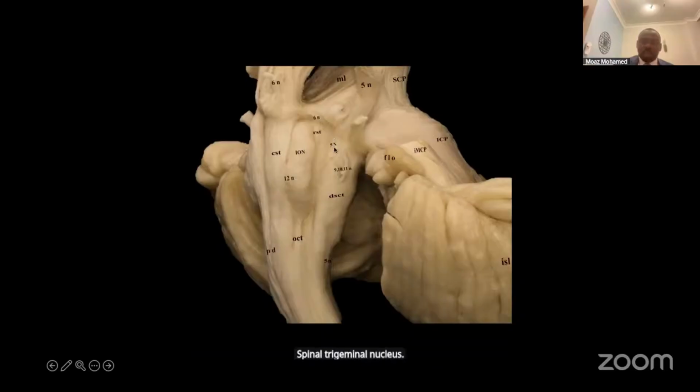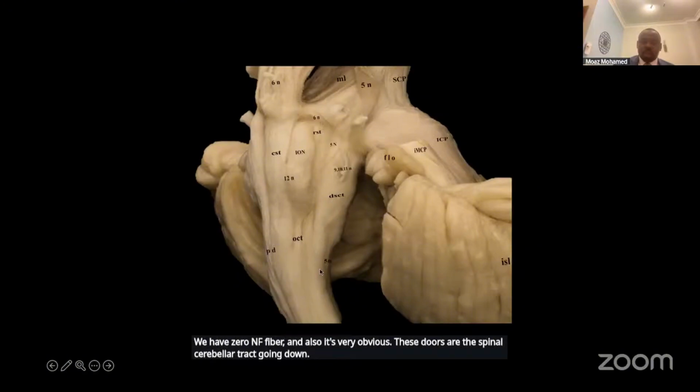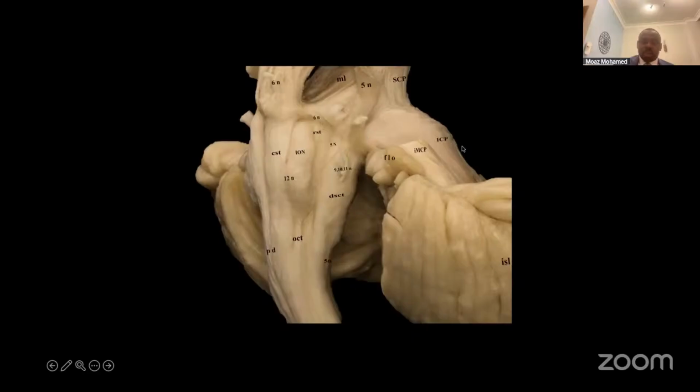It's located here, if we follow it like this. We have the lower cranial nerve fiber, and also it's very obvious the dorsal spinocerebellar tract going down and goes here to the inferior cerebellar peduncle. Fifth cranial nerve, also the same as I mentioned.